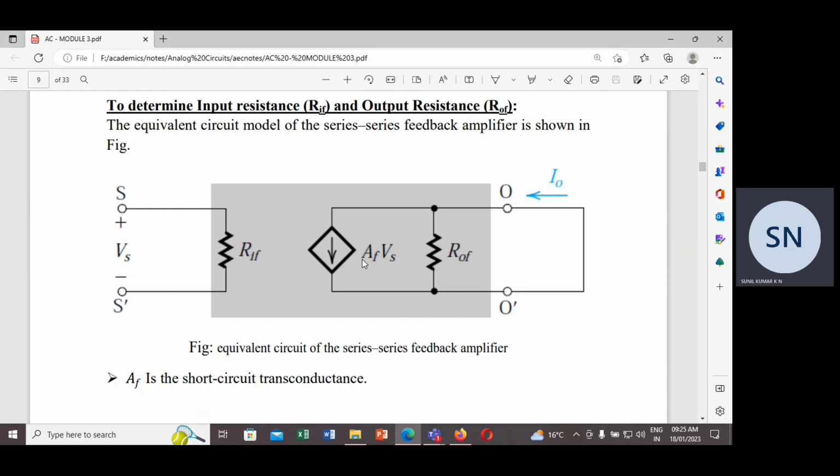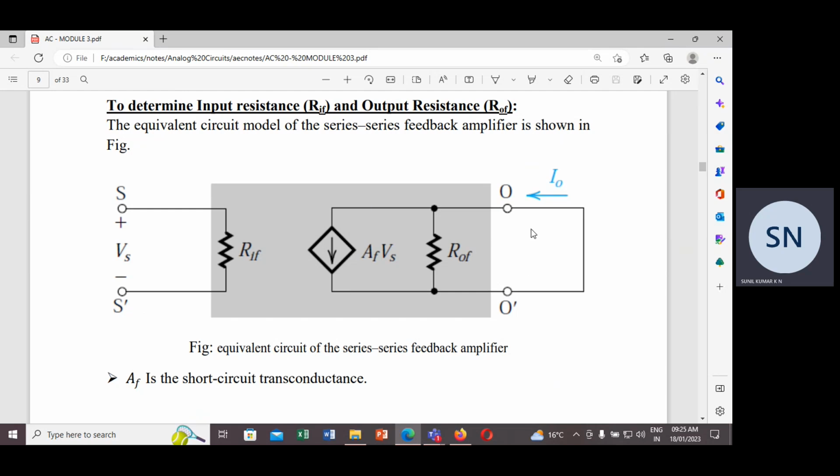That is going to remain constant irrespective of the feedback amplifier circuit, whether it is a voltage amplifier, current amplifier, transconductance or transresistance amplifier. The gain with negative feedback is equal to A over 1 plus A beta.